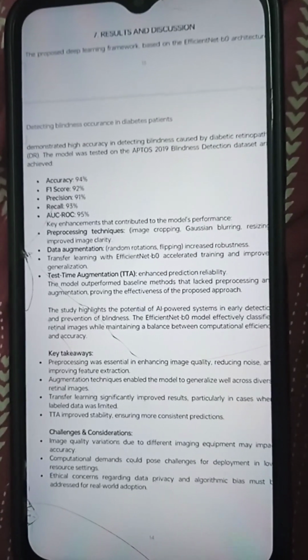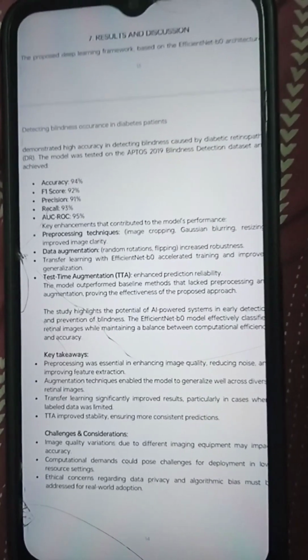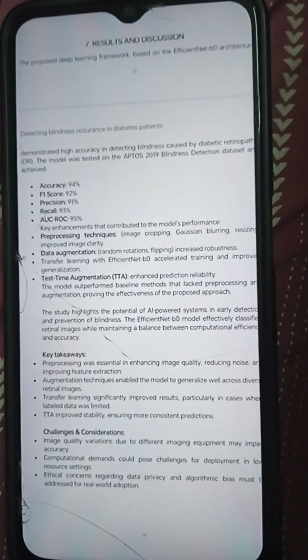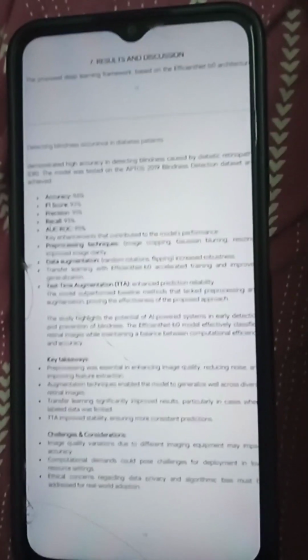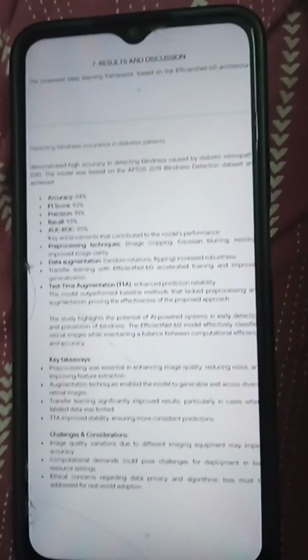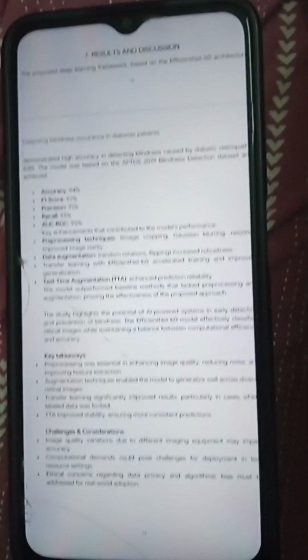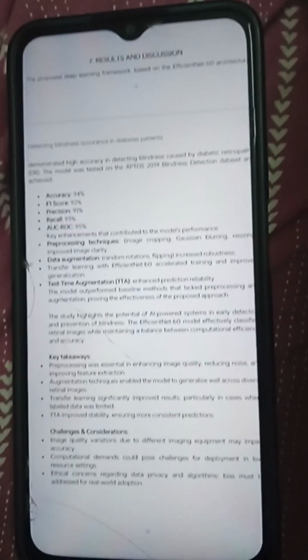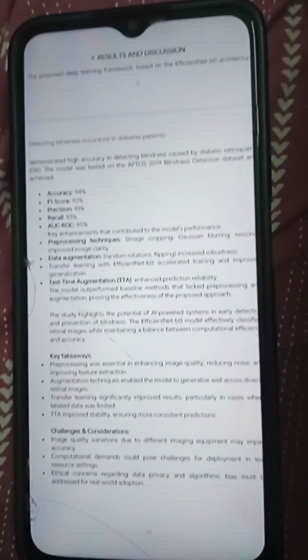The key enhancements that contribute to the model performance are pre-processing techniques: image cropping, Gaussian blurring, and resizing improved image clarity. Data augmentation, random rotations and flips, increases the robustness. Transfer learning with EfficientNet B0 accelerated the training and improved generalization.